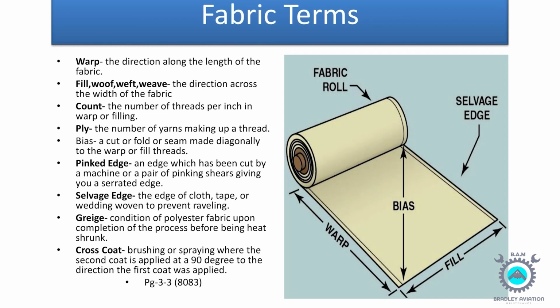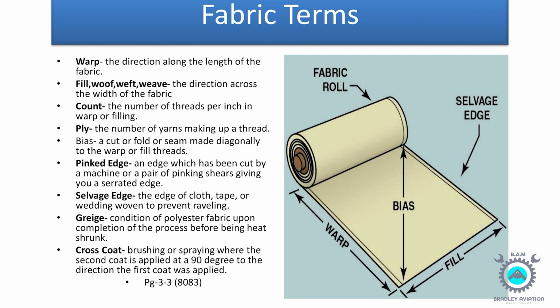3.2.88.3. Fabric terms. Warp, the direction along the length of the fabric. Fill, woof, weft, weave, the direction across the width of the fabric. Count, the number of threads per inch in warp or filling. Ply, the number of yarns making up a thread.